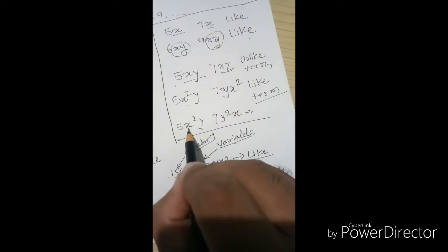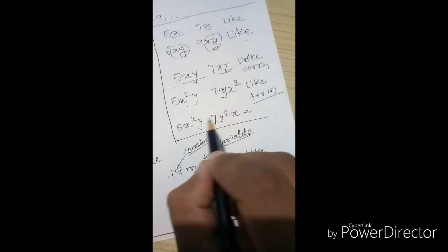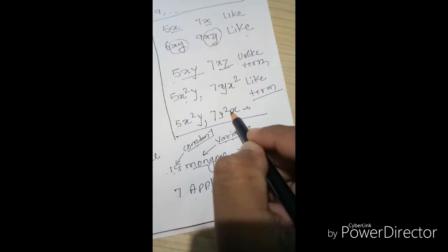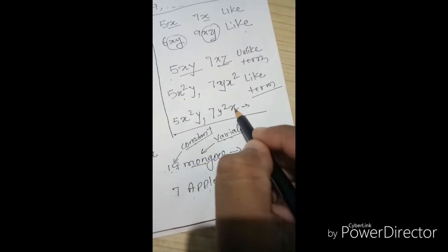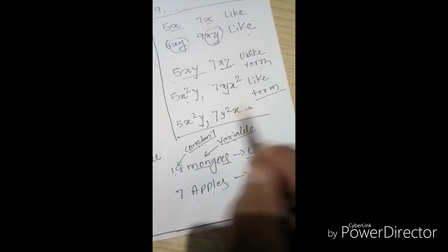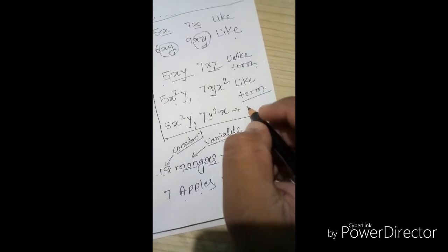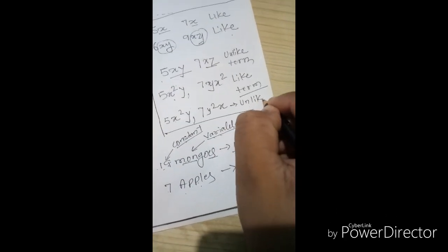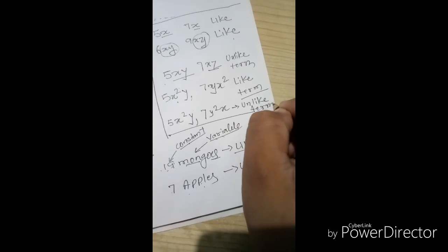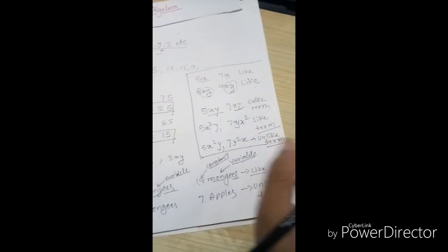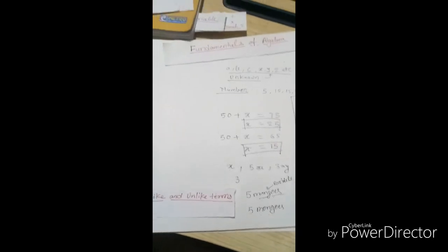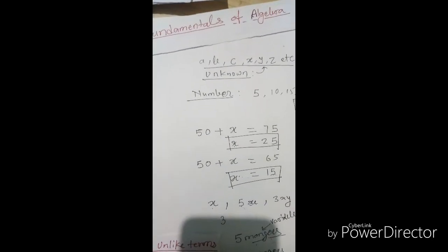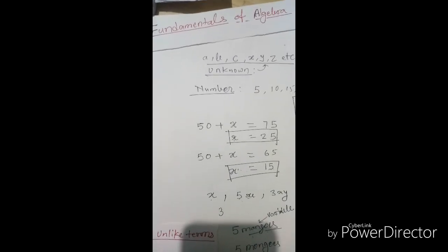Why is it correct? See here, x is squared here, but here y is squared, and here y is single and here x is single. So obviously this is not going to be a like term, it is going to be an unlike term. I hope you understood this beautiful concept of algebra, and it will definitely help you understand my further lessons.